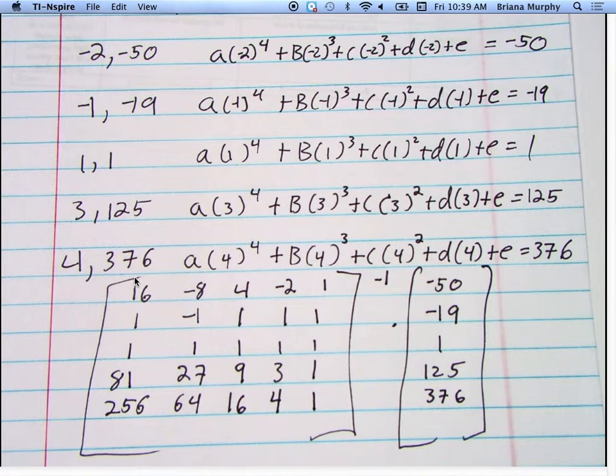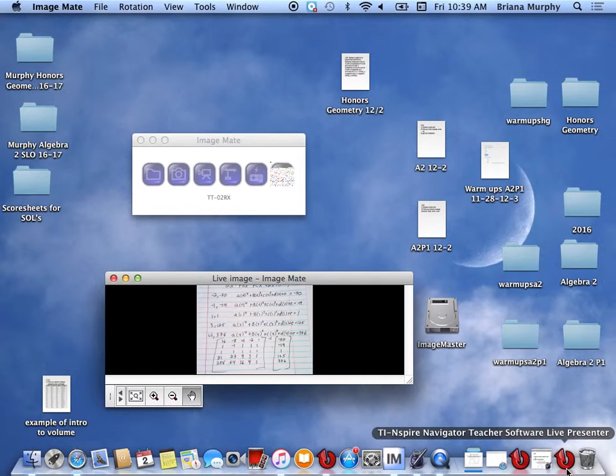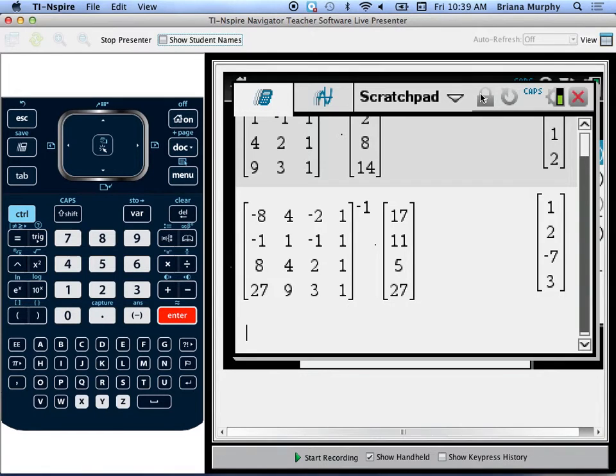What are we going to do next, guys? Put it in the calculator. Okay, I'm going to change this to live presenter so you can see what I'm plugging in. So this is a 5 by 5 matrix.